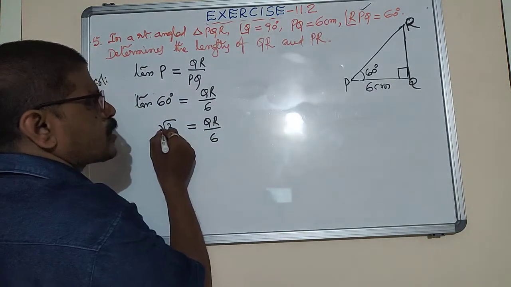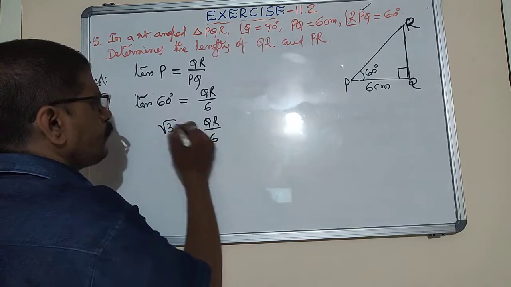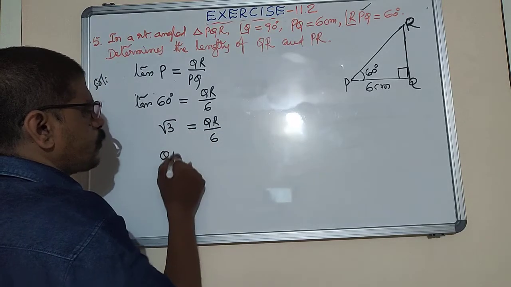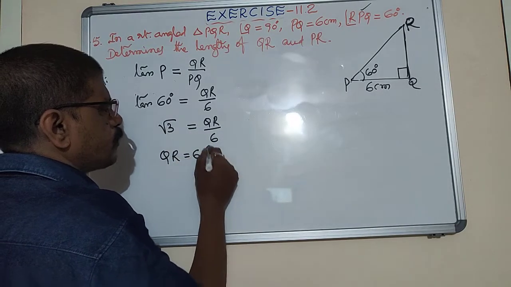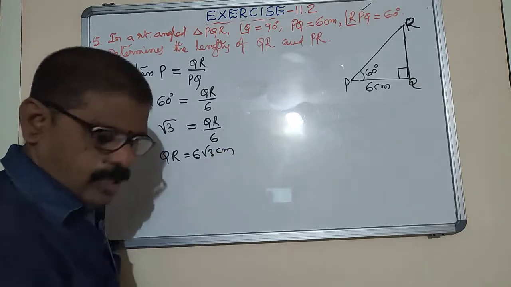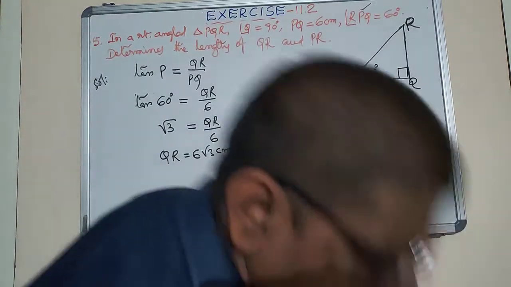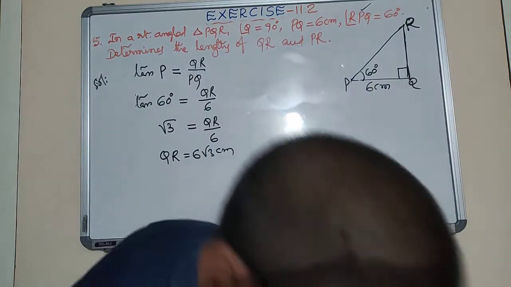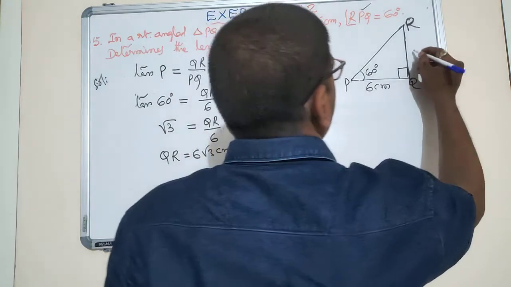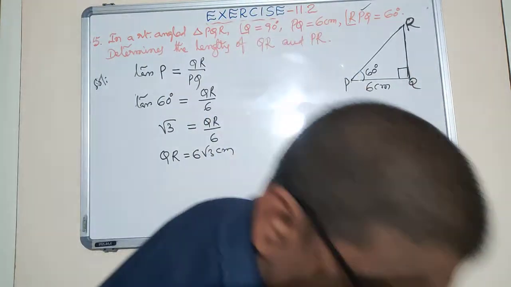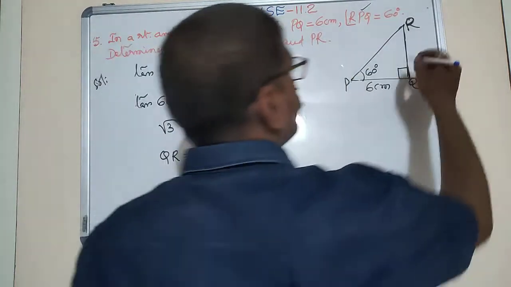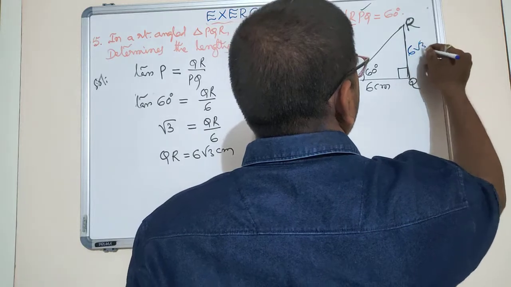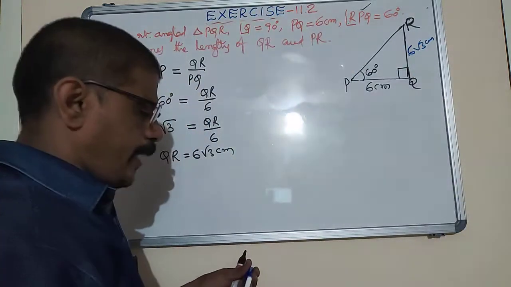By cross multiplication, QR equals 6 root 3 centimeters.